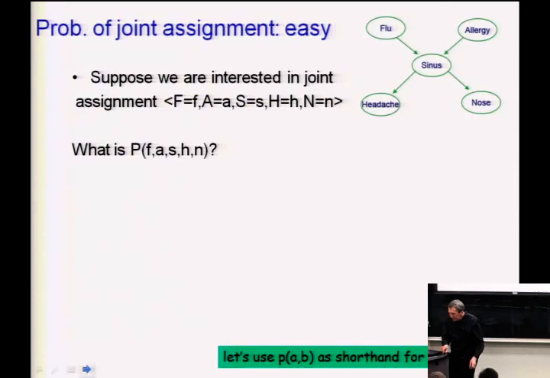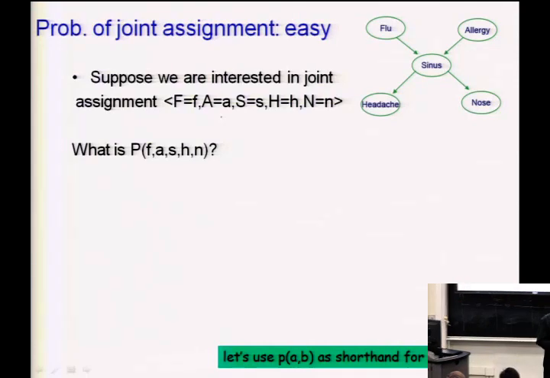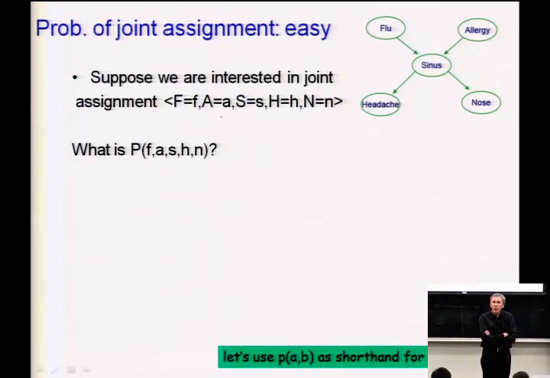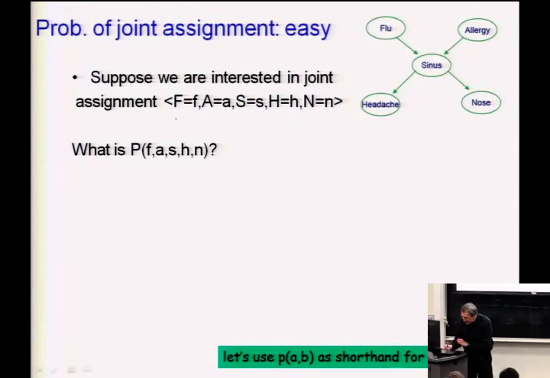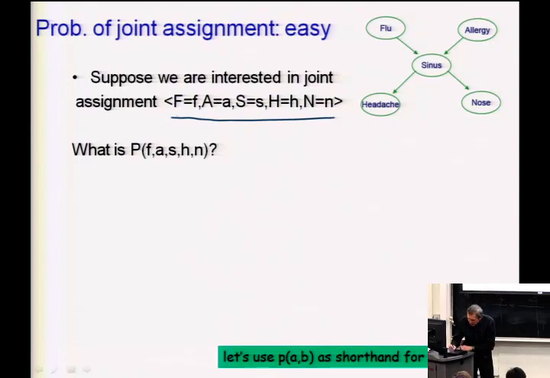And in general, one kind of obvious question to ask in terms of inference is, how do we use a Bayes net like this to figure out the probability of a particular specific assignment to every one of the variables? And in general, I'm going to use uppercase to refer to variable names, and I'll use lowercase to refer to their values.